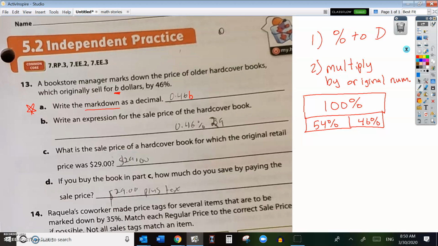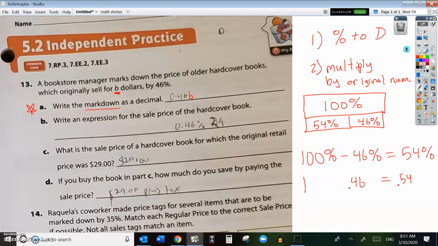This 46% is being taken away. So you could do 100% minus 46% equals 54%. And then convert all of these percents to decimals. 100% as a decimal is 1. 46% is 0.46. 54% is 0.54.